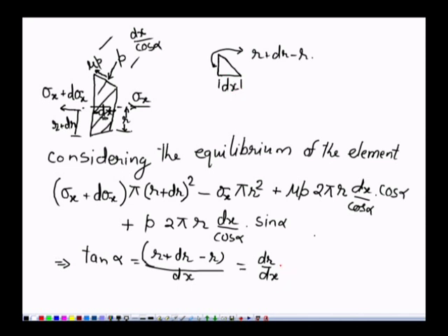So, finally, we have tan alpha equal to dr by dx.